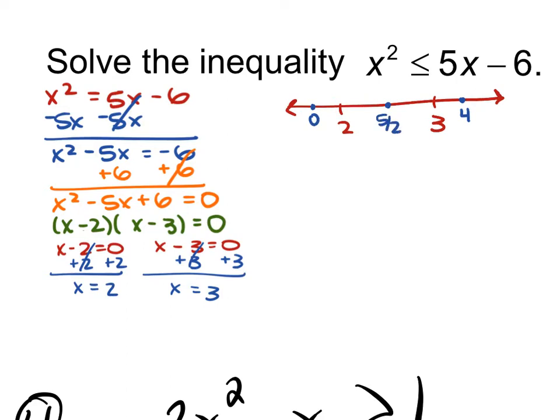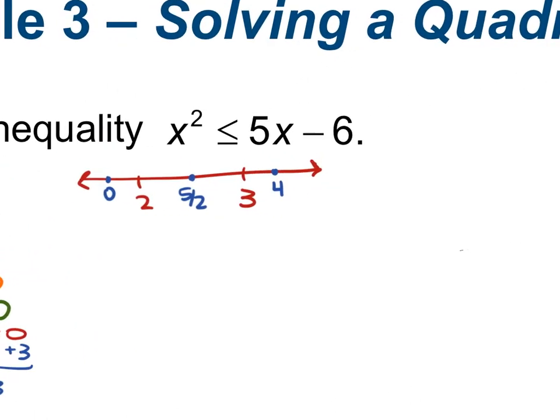From here, I'm going to test those three numbers that I chose by plugging them in to my original inequality, x squared is less than or equal to 5x minus 6, with the 0 plugged in for x, then with the 5 over 2, then with the 4. All right, so plugging in the 0, I'm going to have 0 squared is less than or equal to 5 times 0 minus 6.